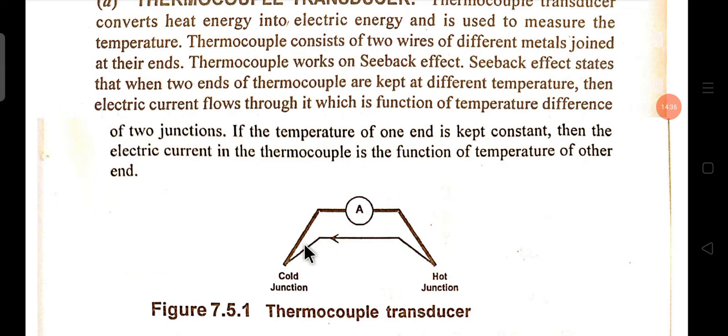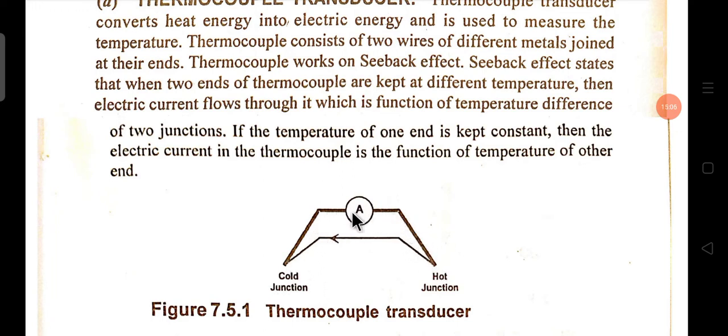That current is proportional to the temperature difference or rate of temperature change. So if the temperature at one terminal is constant, let's say 5 degrees Celsius, and here 100 degrees Celsius, then as long as the temperatures stay at 100 degrees and 5 degrees, the current flowing through the transducer is constant.